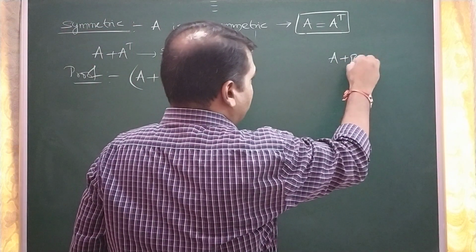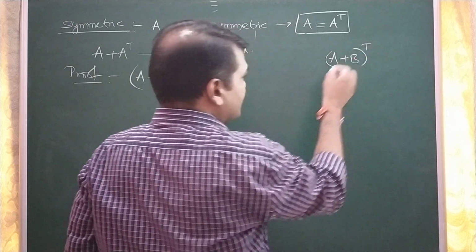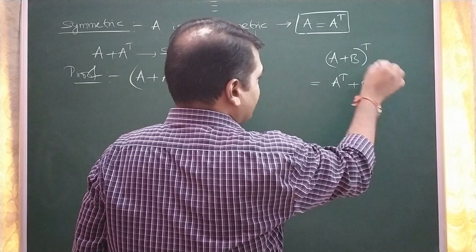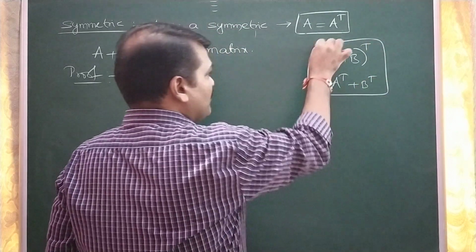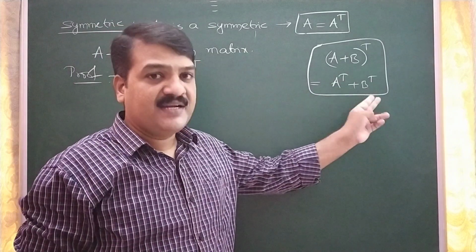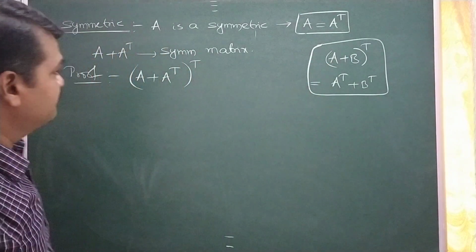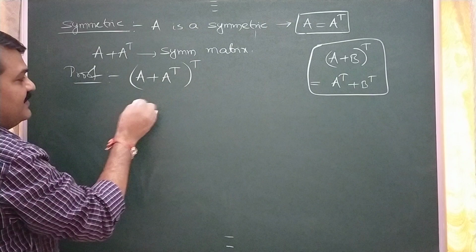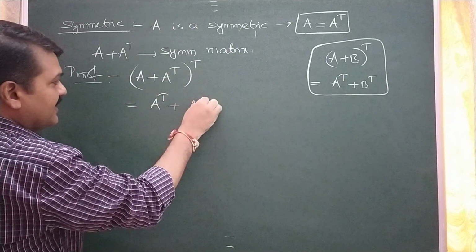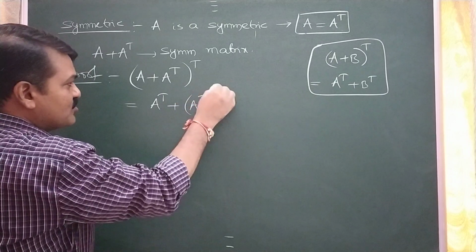So what is A plus B whole transpose? It is A transpose plus B transpose. Means transpose can be individually taken for each matrix separately in the sum. So therefore I can write this as A transpose plus A transpose whole transpose.